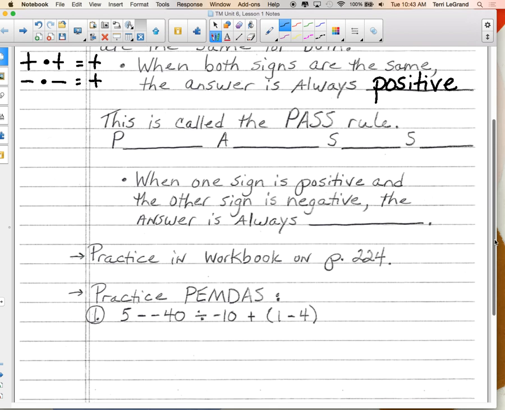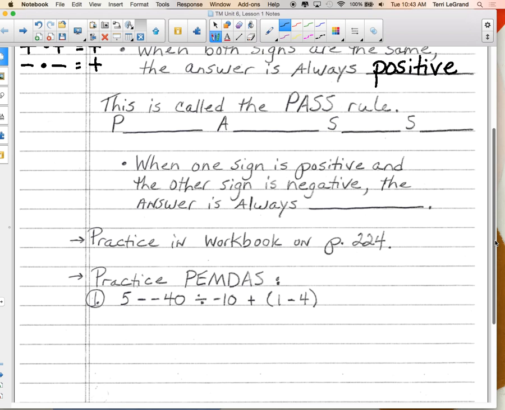Well, this is called the pass rule. P stands for, what do you think? Positive. What might the A stand for? Answer.